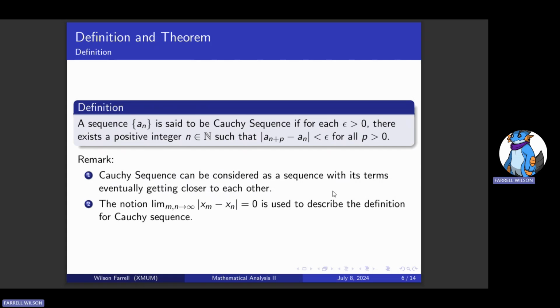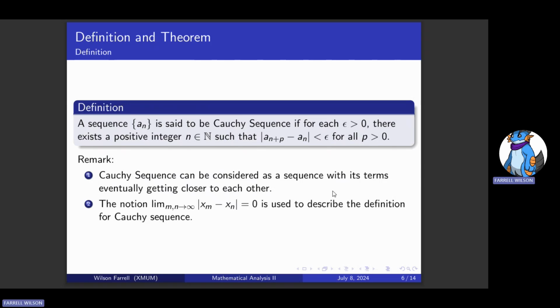The definition can be simplified as: a sequence is said to be a Cauchy sequence if for each epsilon greater than 0, there exists a positive integer n in N such that |a_(n+p) minus a_n| is less than epsilon for all p greater than 0.